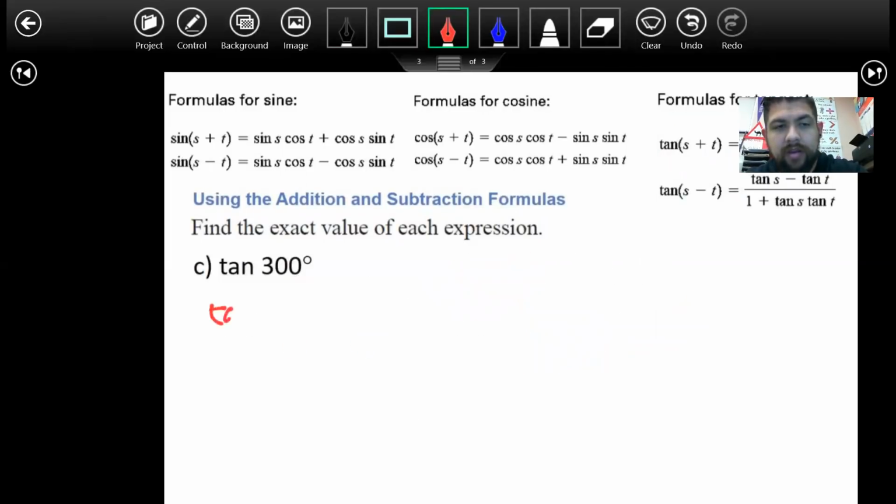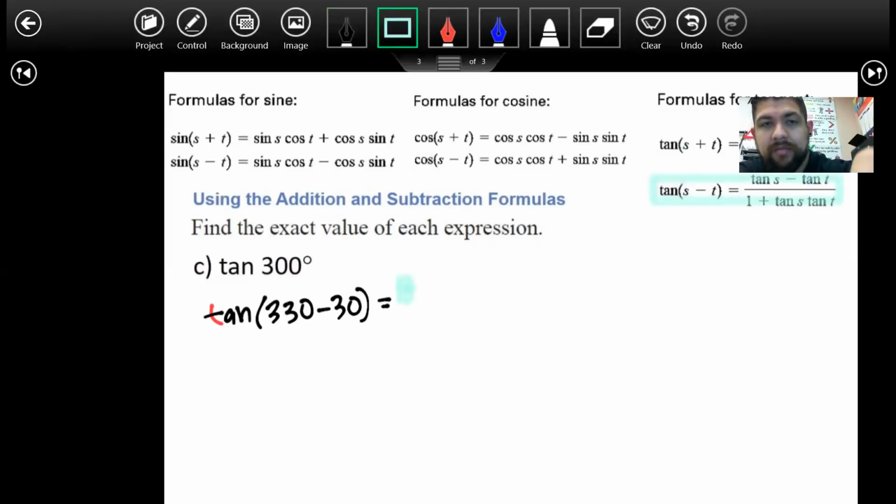If you did it the other way, tangent of 330. Let's do numbers that will actually work. Can't have any undefined values, I don't think. I'm going to use the subtraction version, so I'm actually going to use it differently with these ones.